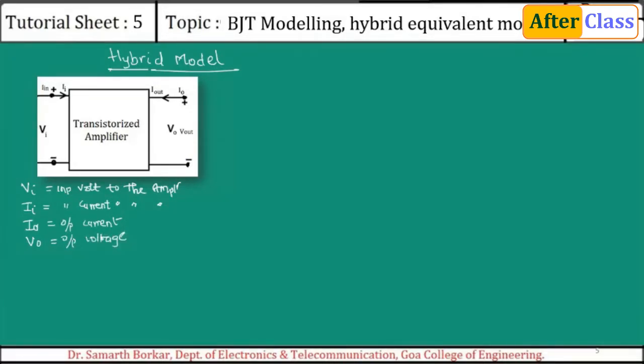And based on these 4 things, we are calculating the hybrid parameters, and using the hybrid parameters, we are calculating those 4 most important factors: input impedance, output impedance, voltage gain, and current gain. Now, from our previous discussion, we had calculated the values of, let me write this expression.